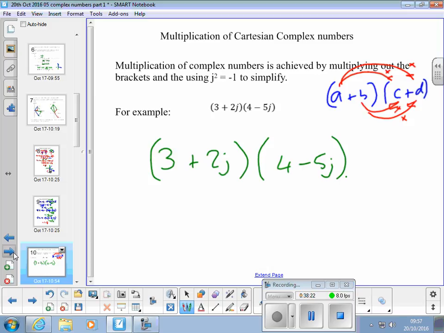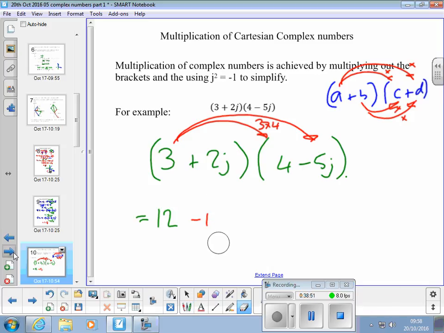And we do exactly the same here. So we do 3 times 4; 3 fours are 12. We do 3 times minus 5j, minus 15j.